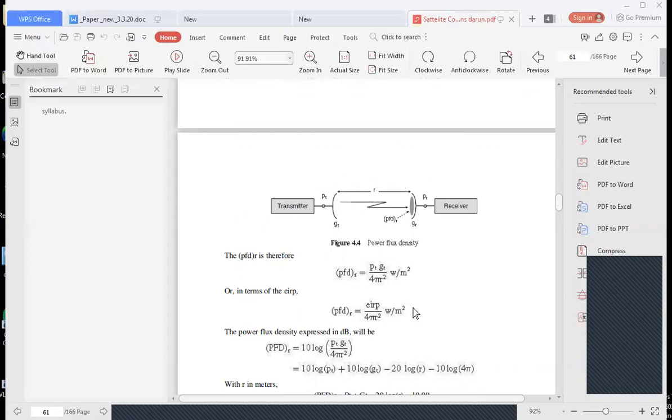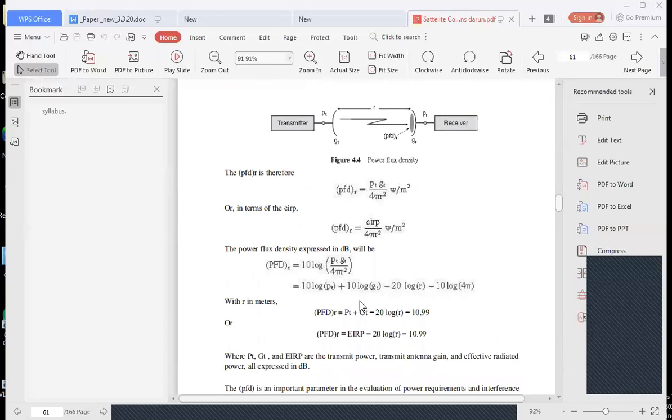And on the receiver part, EIRP by 4 pi R square. And again, this is calculated by the PFD at the receiver point, which is PT plus GT minus 20 log R minus 10.99. R is the distance between the transmitter and the receiver.